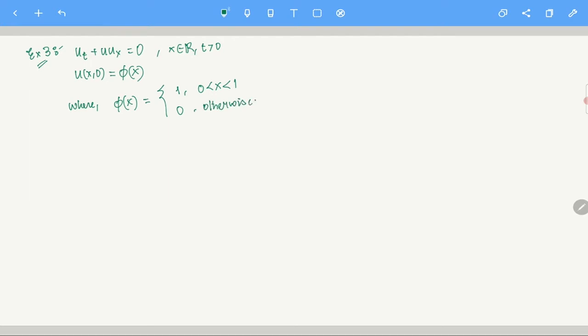Now of course, this is Burgers' equation. We have solved it many times. We already know what the characteristic curves are. So the projected characteristic curves are given by, and again let me explain to you.